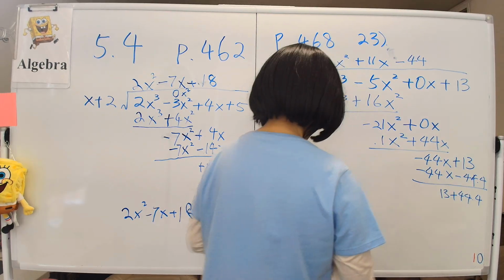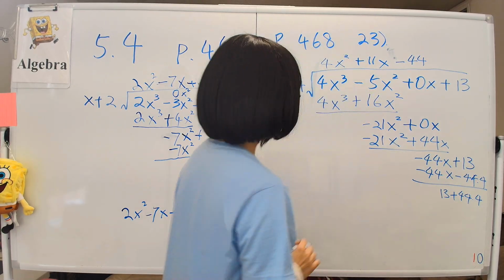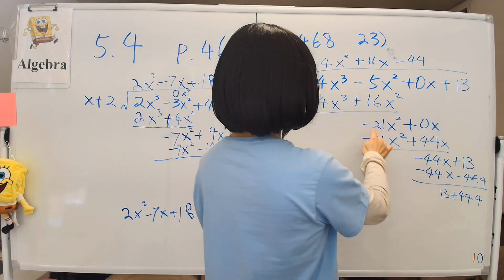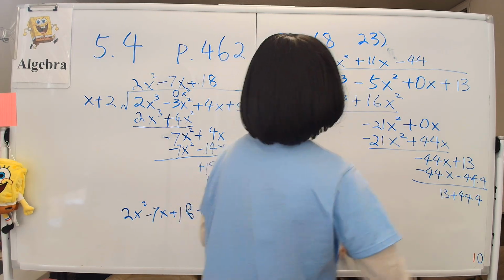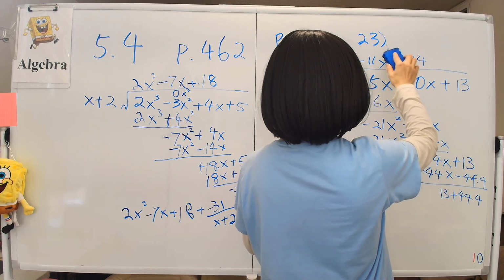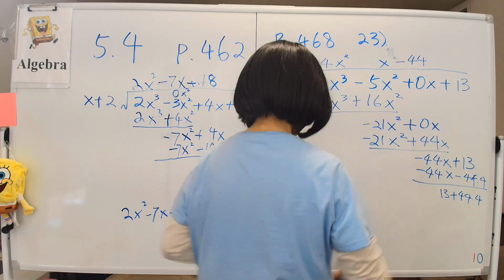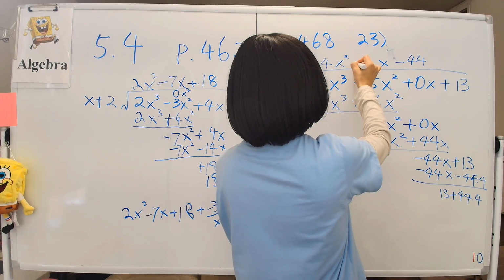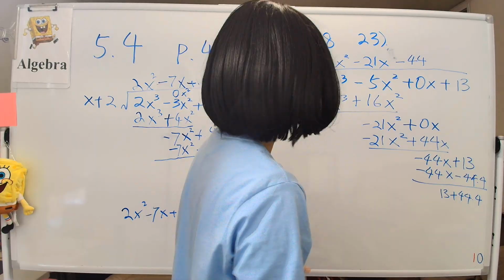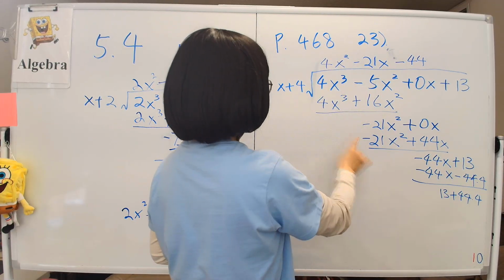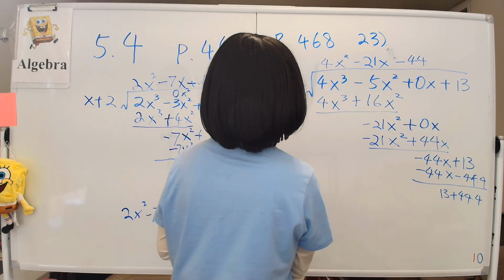All right. And then, if it's minus 21, it's minus 21x. Now, why do I always make that mistake? I have no idea. Minus 21x, so then we have minus 21 times 4, which is negative 84.